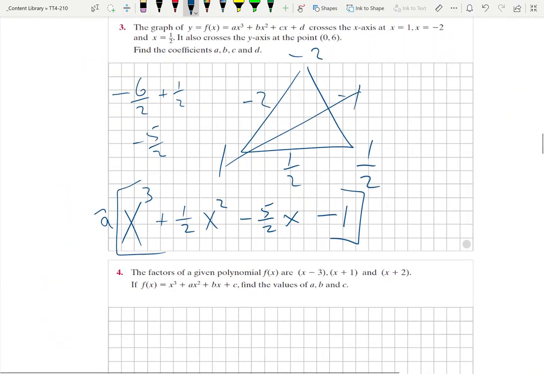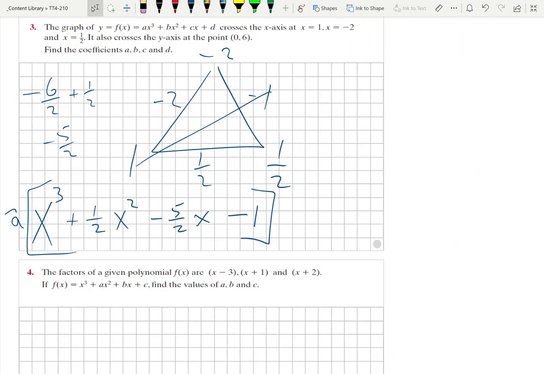Now, without losing any generality, I'm going to multiply across by 2. So I'll still say there's a, and I won't even change the letter because it doesn't really matter. So I'm going to go 2x cubed plus x squared minus 5x minus 2.